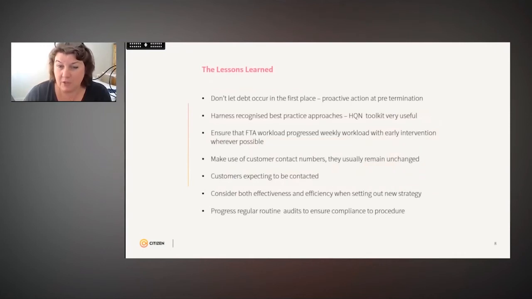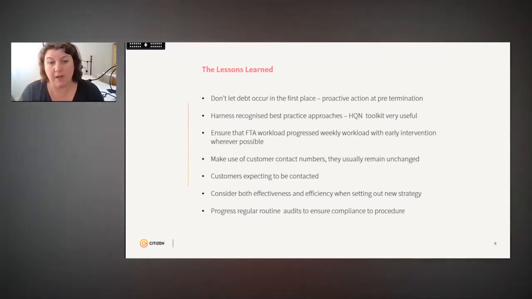In terms of the lessons learned, it's quite a few of them. A lot of them you could argue would be kind of gut instinct for those of you working within rent arrears in social housing. Don't let the debt occur in the first place. You know, we conducted audits of new former tenant arrears cases, and by carrying out those audits, we were able to unpick some key areas where we thought we could get tighter.